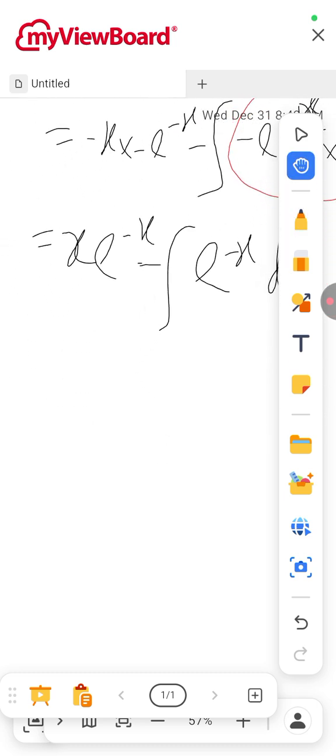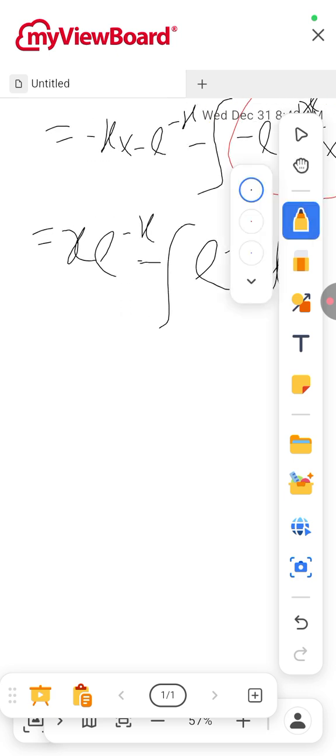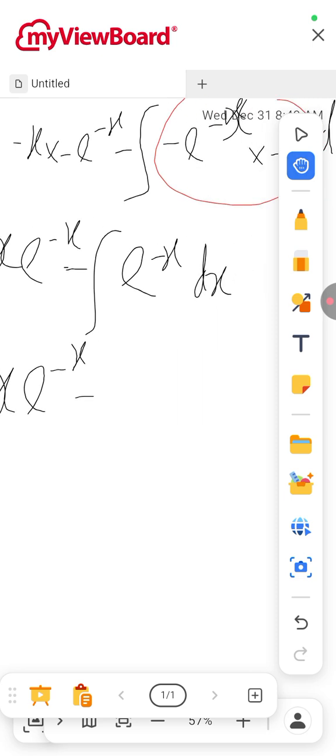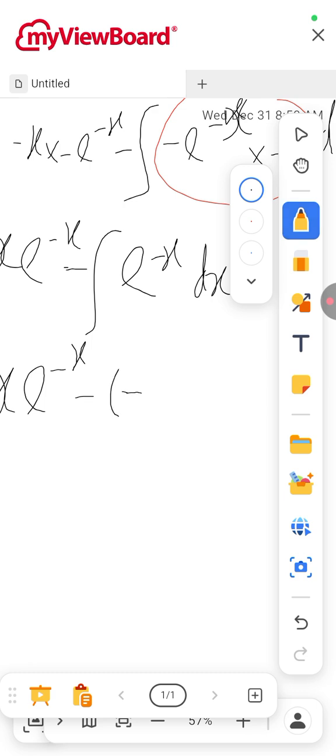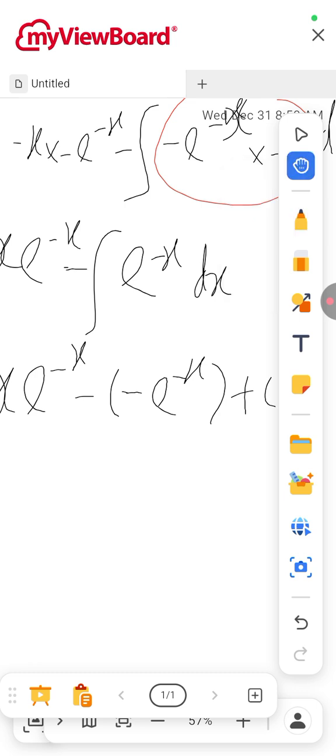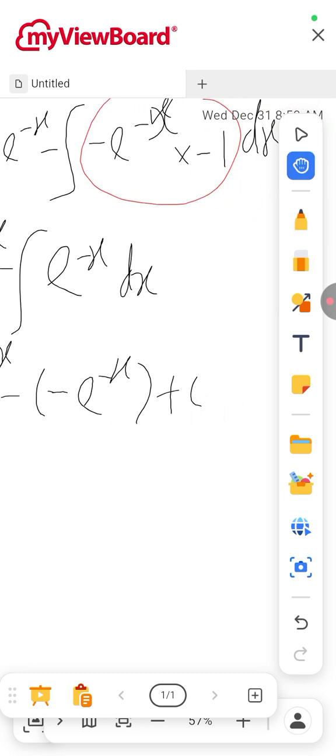Okay, then let's go further. So that's now x times e raised power minus x minus integrate e raised power minus x. That will give us minus e raised power minus x. Okay, then plus c, which is our constant of integration.